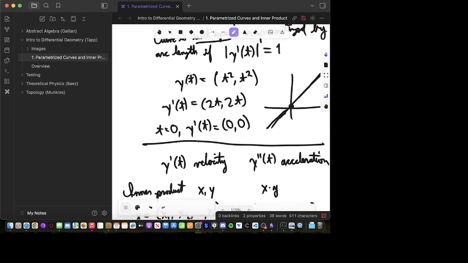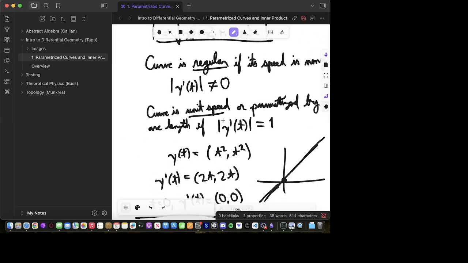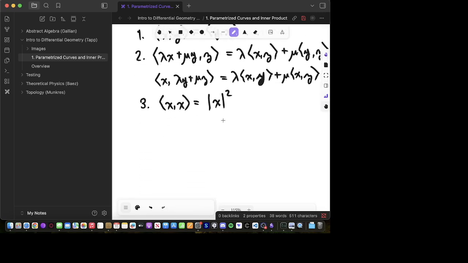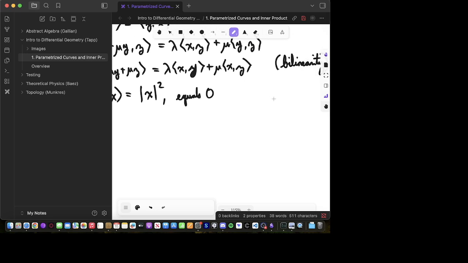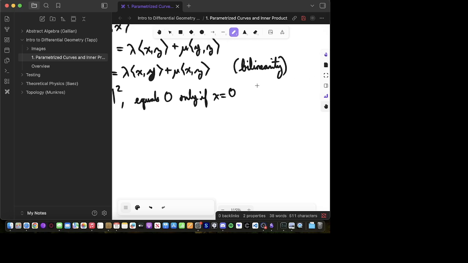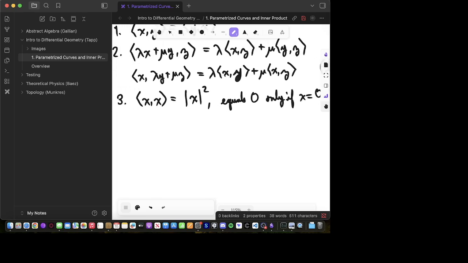You can compare the formulas for the norm and the inner product, and you'll see this pretty clearly. And this equals 0 only if x is the 0 vector. That is, it's just zeros.